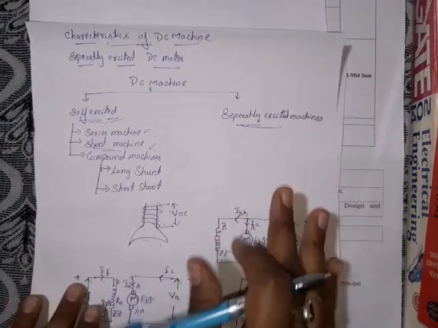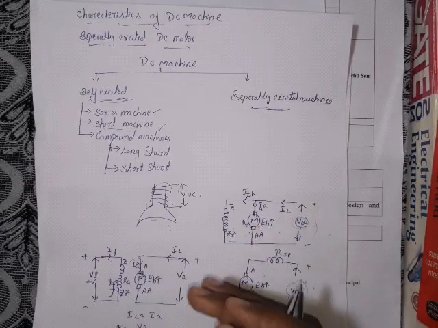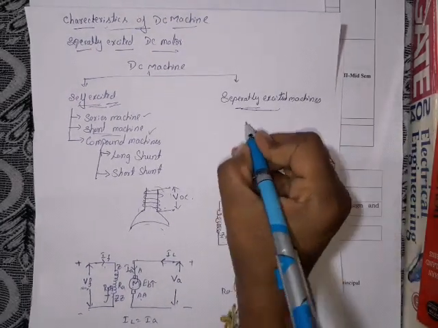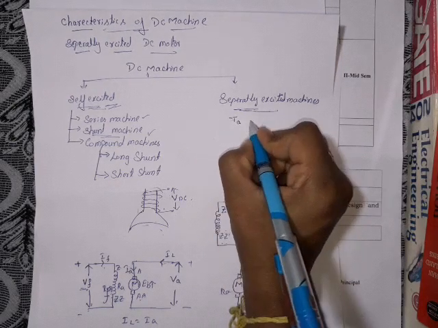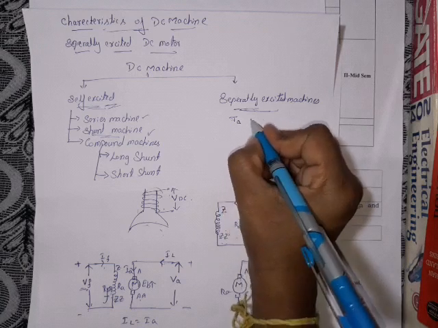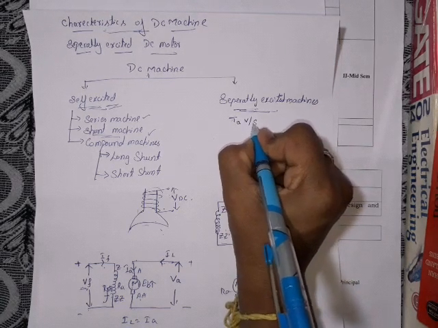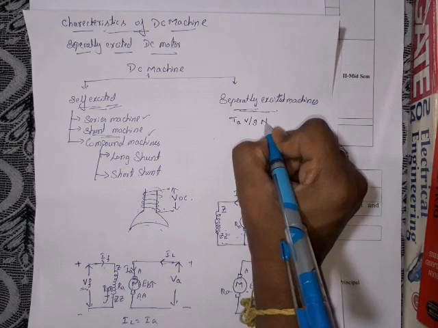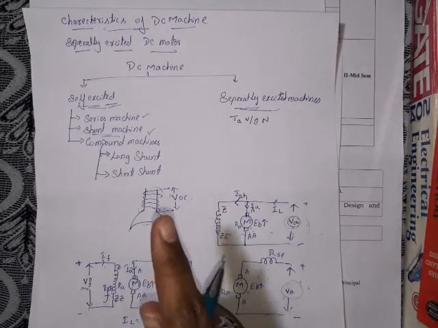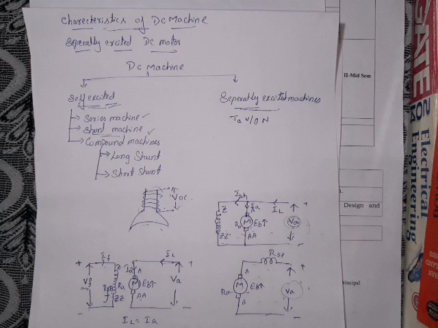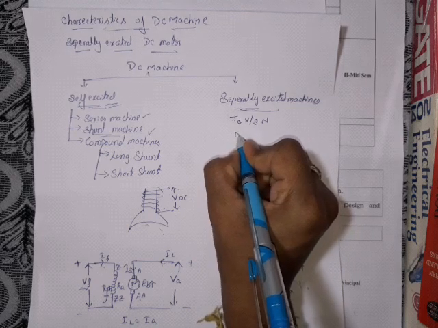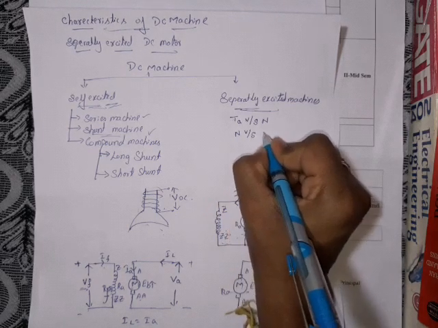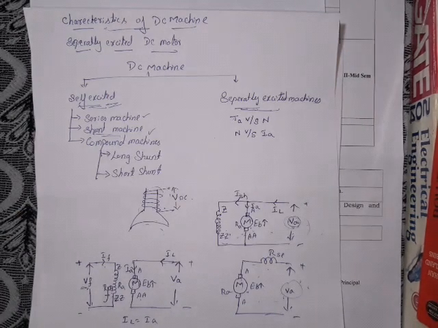Okay. So what are the characteristics we need to study in a separately excited DC machine? First thing we need to study is armature torque. We already derived the equation for this armature torque. So how the armature torque varies with respect to the speed. Armature torque versus speed is the first graph we need to study. Another graph is speed versus armature current.